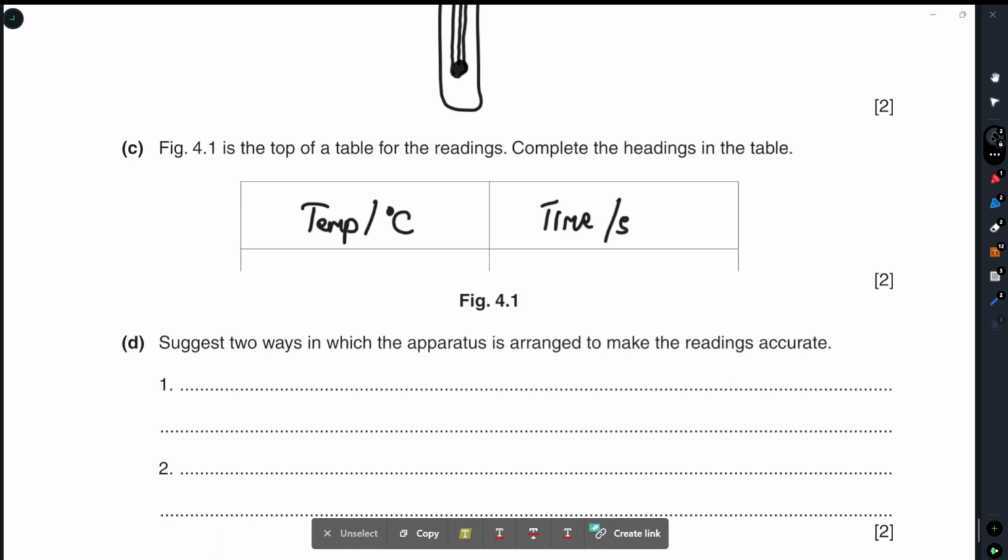So there are 2 ways in which the apparatus is arranged to make the readings accurate. That's a very general question.